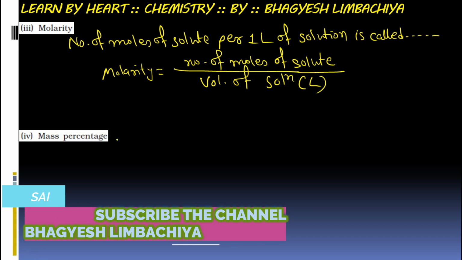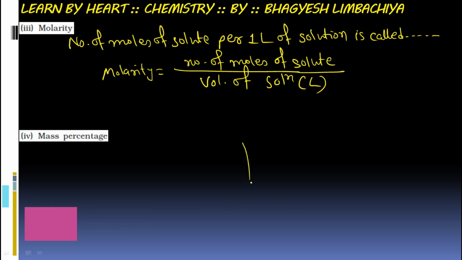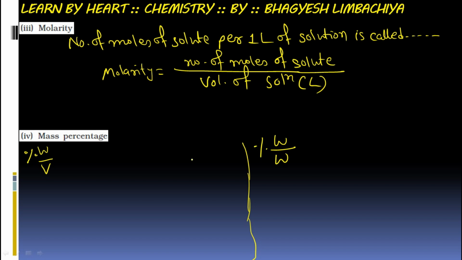Next is mass percent. Mass percent has two parts. Number one is percentage W by V, and next is percentage W by W. This one is known as mass volume percentage and here mass percentage.